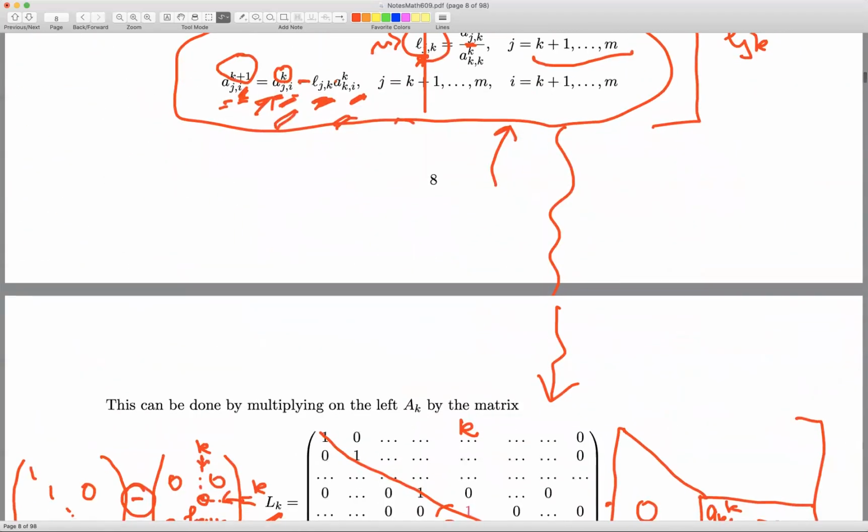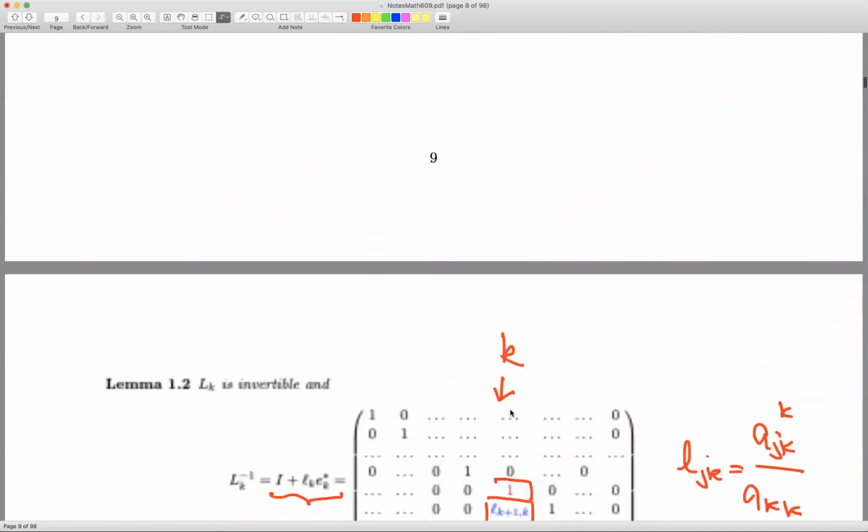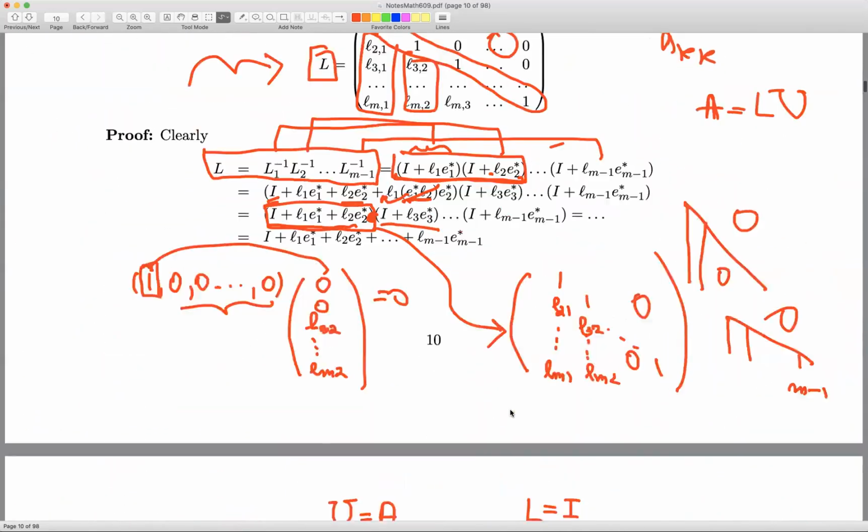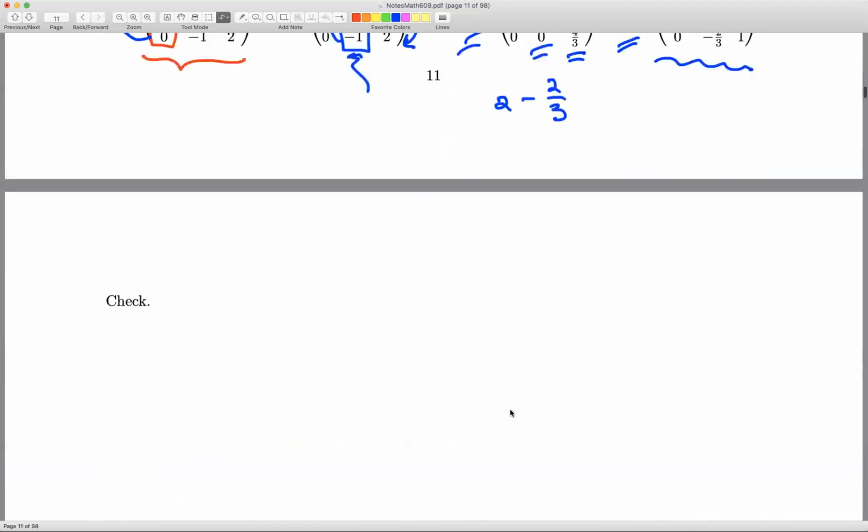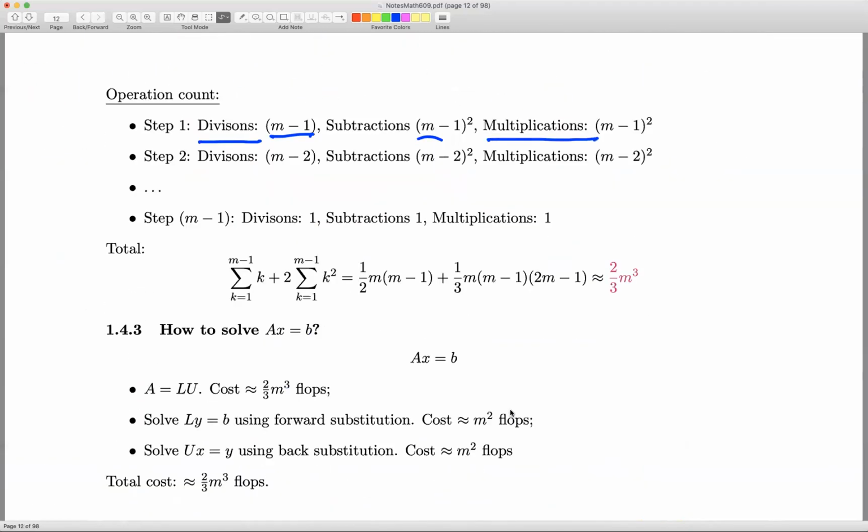And therefore, if we go back to where our operation count was, we discussed the subtractions and the multiplications, and we also see that every step is exactly the repetition of the previous step, with the only difference that the dimension of the computational problem is diminished by 1.